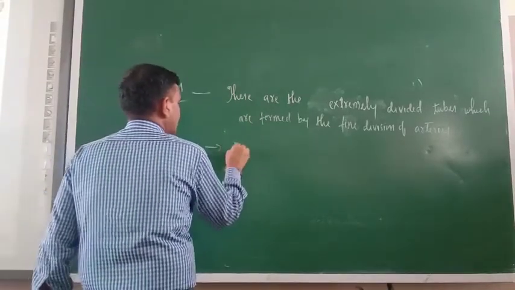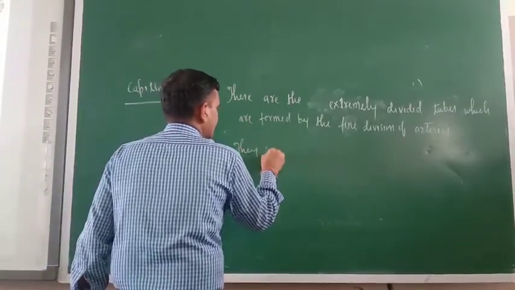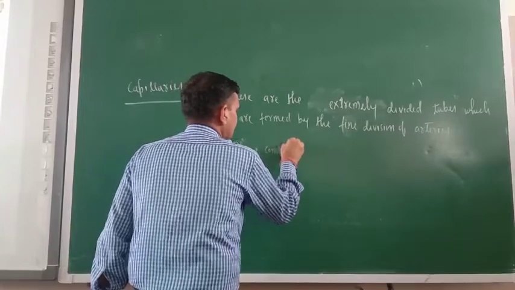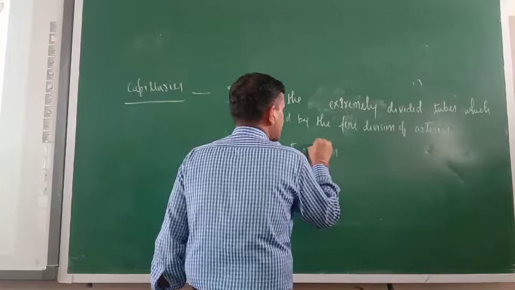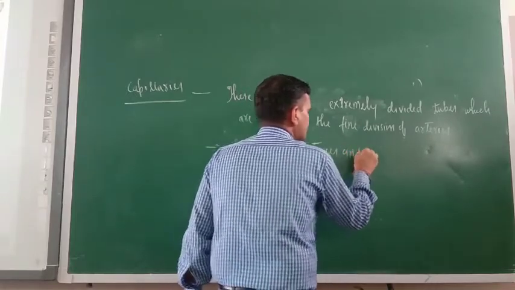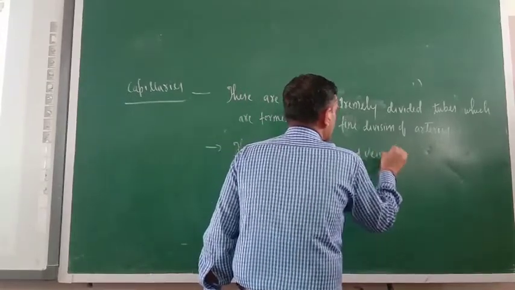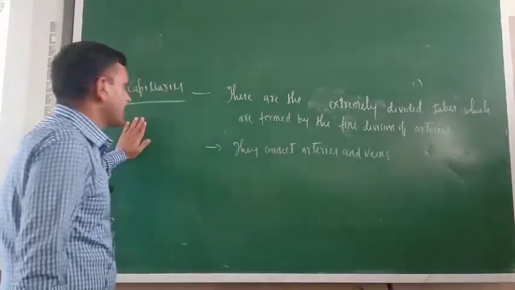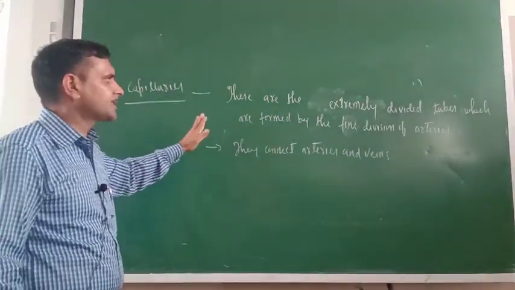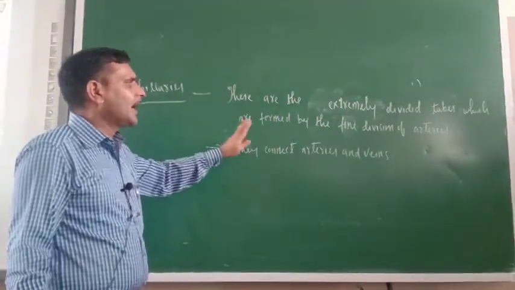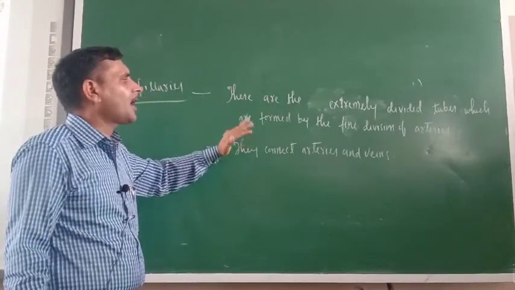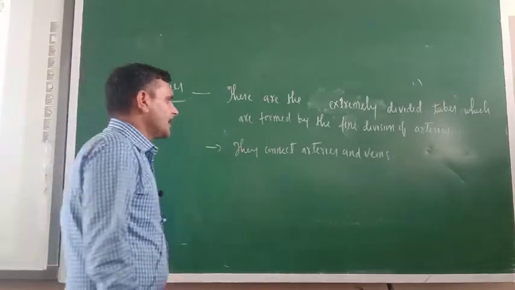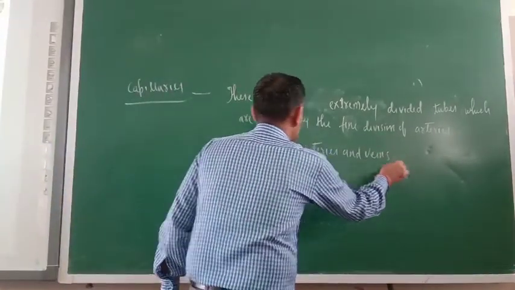They connect arteries and veins. So in this way capillaries are also over. What are capillaries? Capillaries are the extremely divided tubes which are formed by the fine division of arteries. They connect arteries and veins.